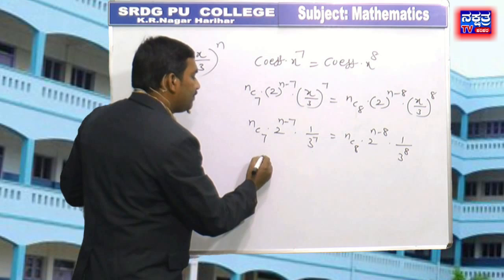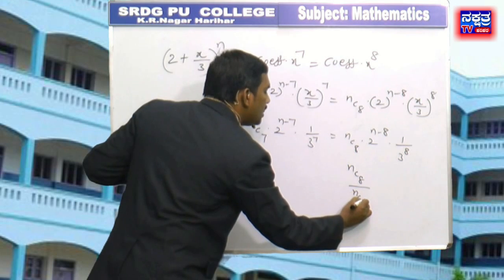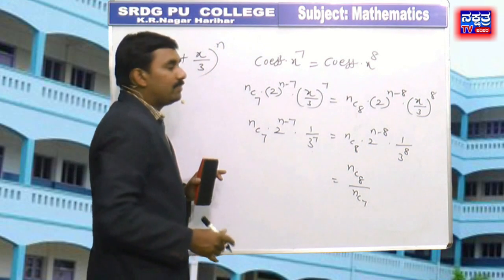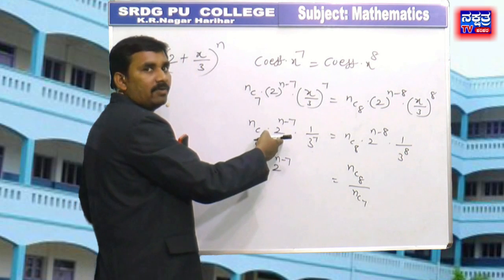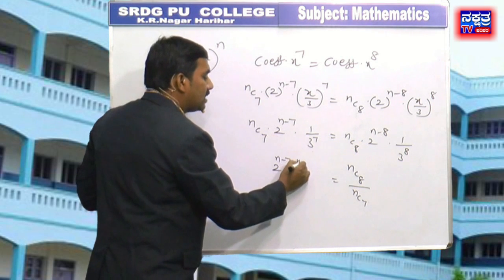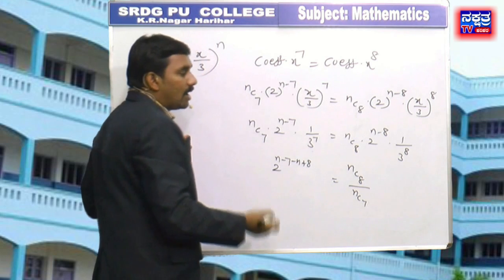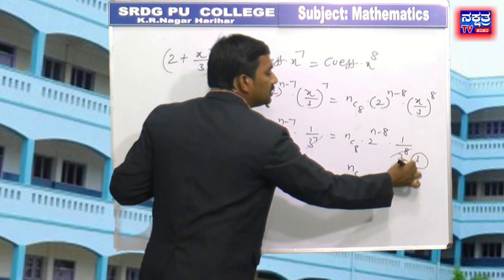Now here, nC8 by nC7, keep it as one term, and 2 power n minus 7 is there, already we have. Hence by dividing with this one it will become 2 power minus n plus 8, and here 3 power 7 and 3 power 8, the remaining is 3.